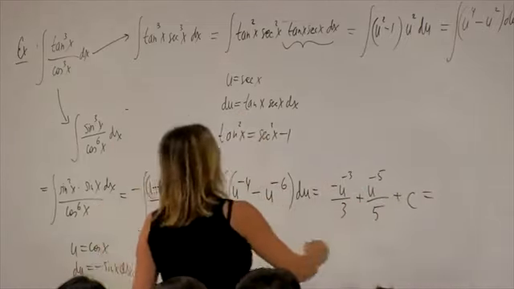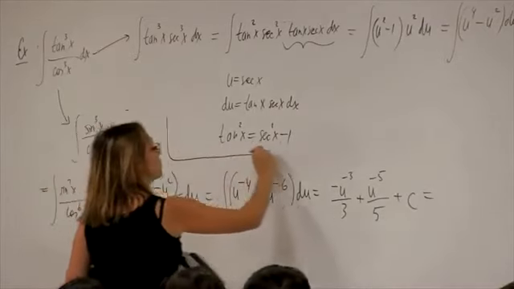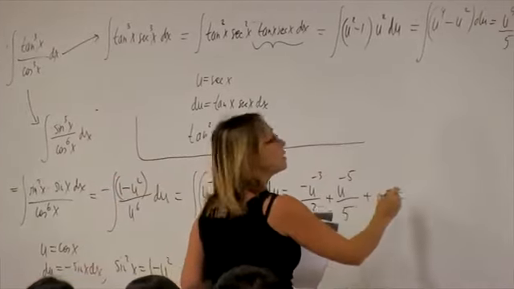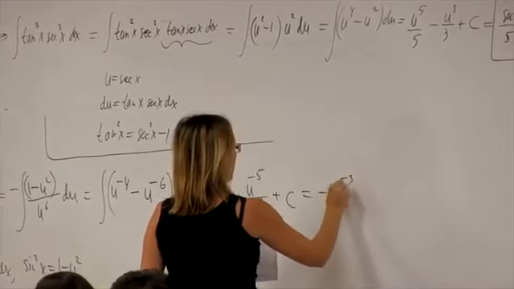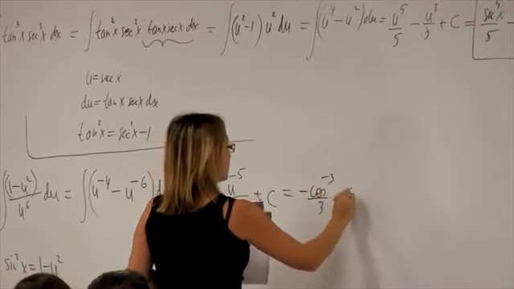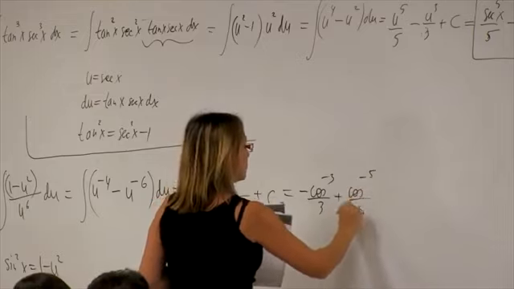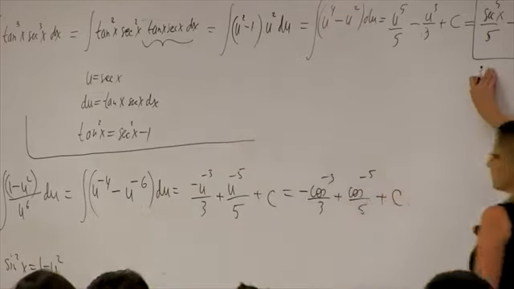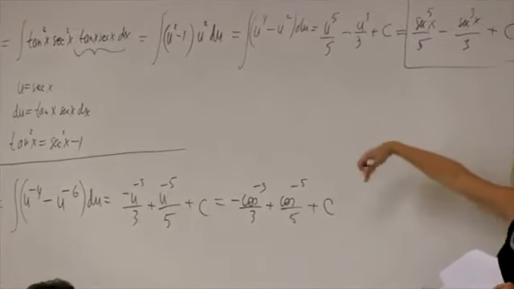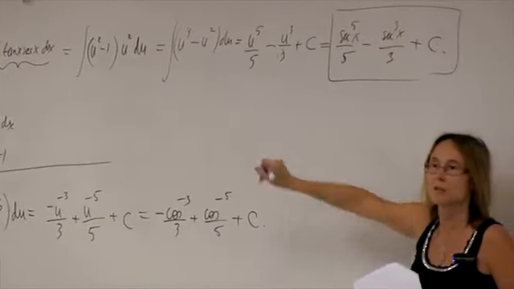And remembering what u was, so this is all different. So how come the answer is different? It's not different, right? You have secants and cosines. The same thing, exactly the same thing. Okay.